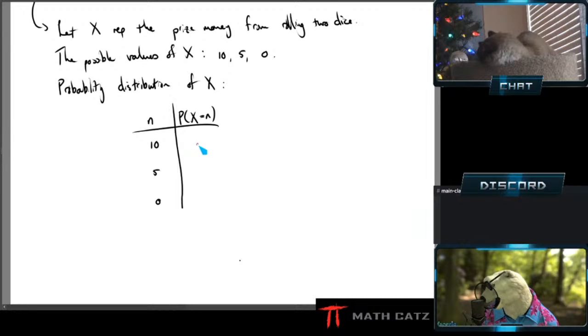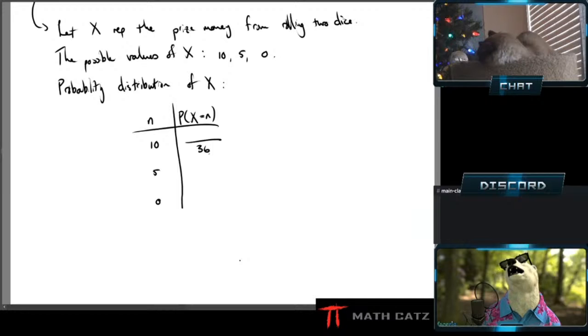So now let's see, I rolled 2 dice, so the possible pairs that I could get there are 36 of them. I have to go to the pairs of numbers because those are equally likely results.